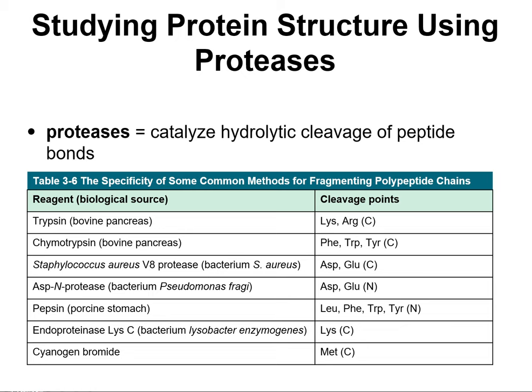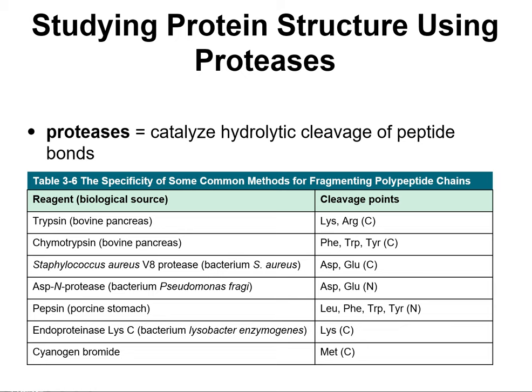There's a whole host of different proteases. You don't need to know any of them specifically, but you should know that different proteases have different cleavage points. So they recognize certain sequences of amino acids, and they will reliably cleave proteins in those areas in a certain way.